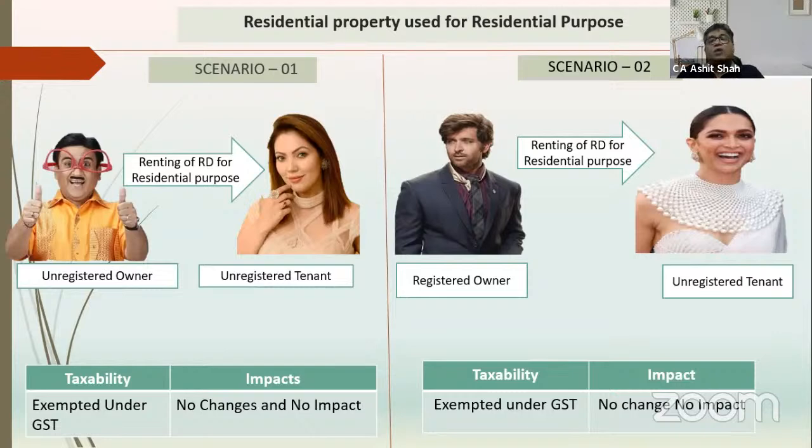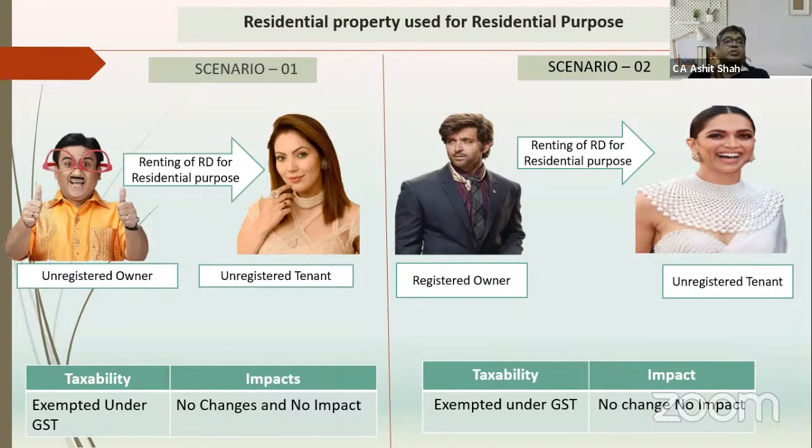But from 18 July, the exemption notification has been changed. Now it says that if the renting of immovable property is used for residential purpose by a registered person, then the registered person has to discharge the GST liability under the reverse charge mechanism.